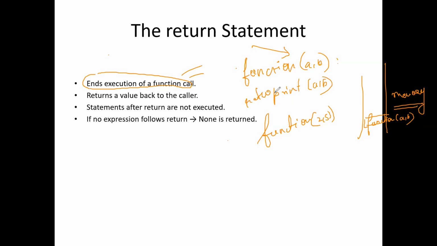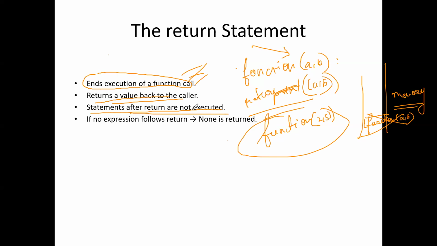As soon as there is a return statement, this frame is going to get deleted or erased from the stack. So return means come out of the function call. Return also returns a value back to the caller, like I had explained in the previous slide.